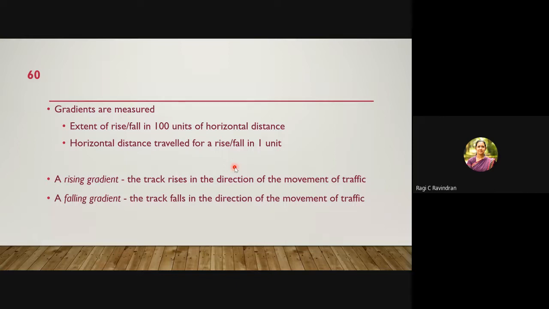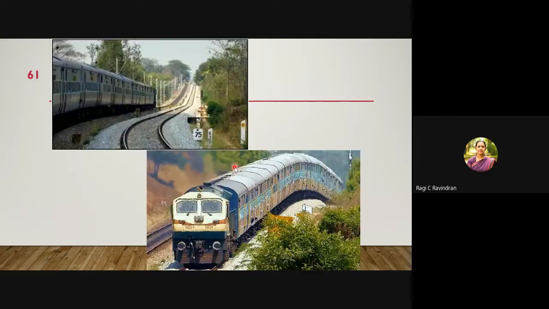So a gradient is always defined with respect to the direction of movement. Here you can see the train is moving in this direction, and here you can see a falling gradient. The train came from this direction, so it was a rising gradient, and now it is going down, so this is a falling gradient. Rising gradient is also known as up gradient, and falling gradient is also known as down gradient.